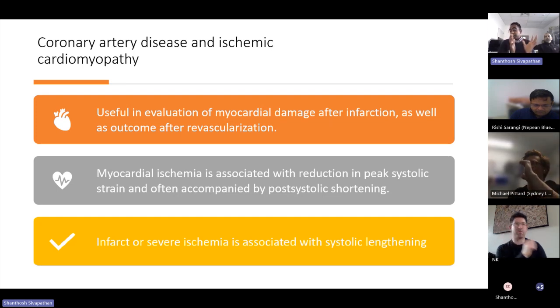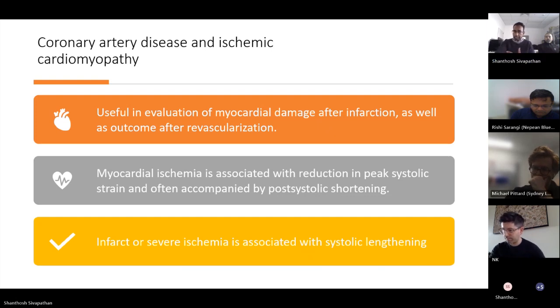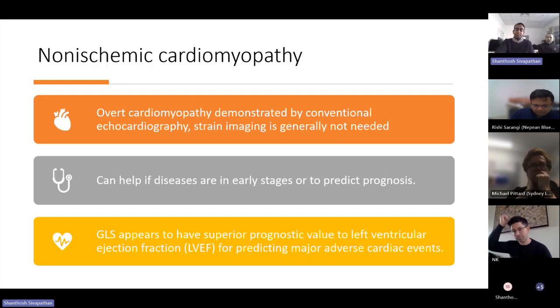Therefore, it will appear blue or less red on the bullseye plot. The strain would be reduced in that region, and that gives you another clue: hang on, there's something wrong in that region or in that pattern. But I'm not going to be using strain to tell me whether this is an inferior wall territory infarct or an LAD infarct territory.